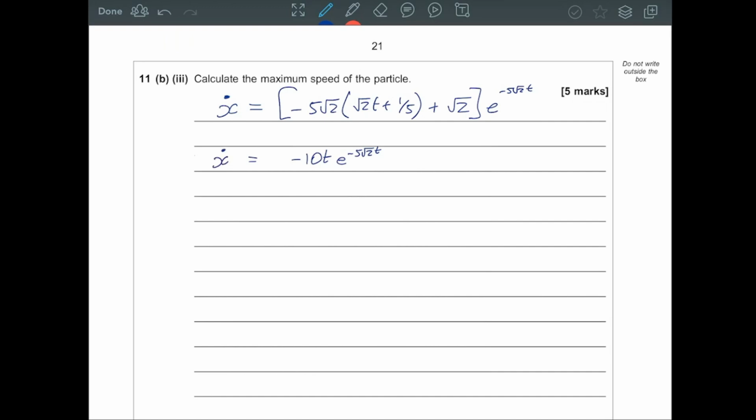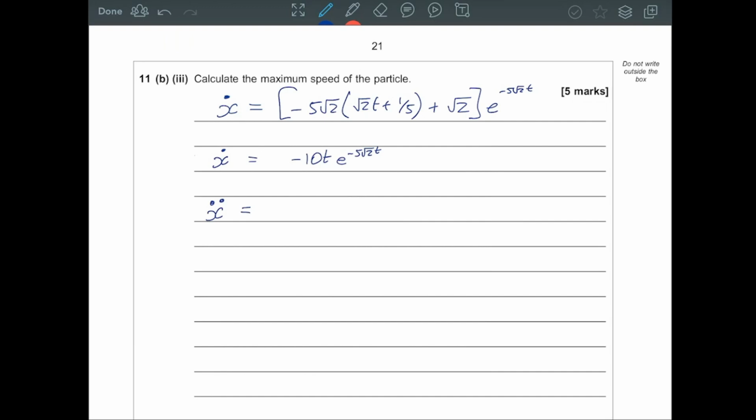Maximum speed occurs when the acceleration is 0. I could have done better than this. Or maybe I couldn't. Acceleration is 0 when you go through your equilibrium point, so maybe I could have applied a slightly more mechanics approach. This is definitely the pure approach.